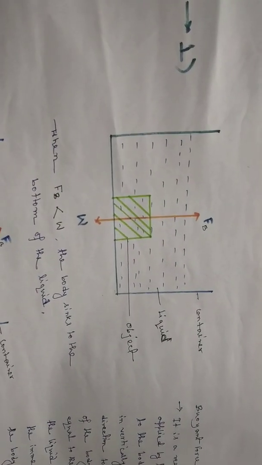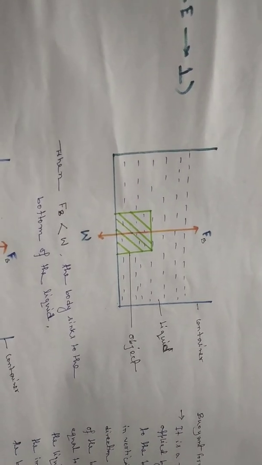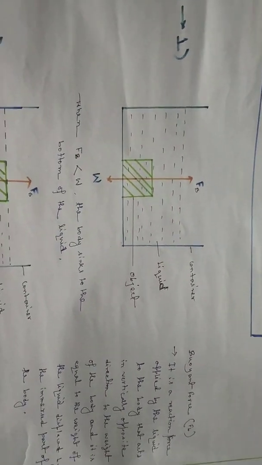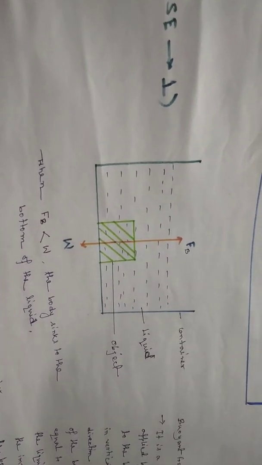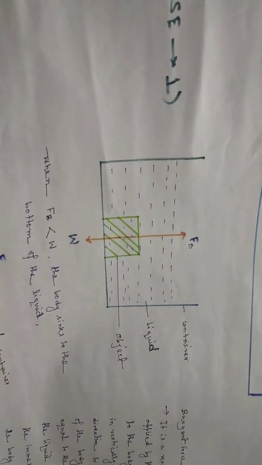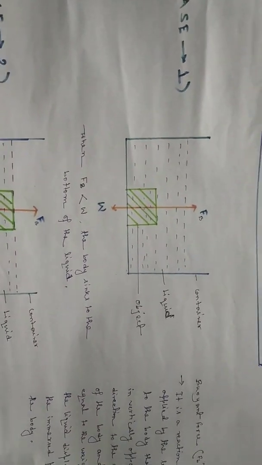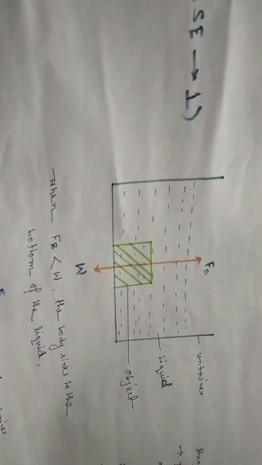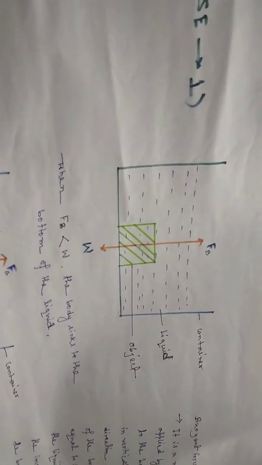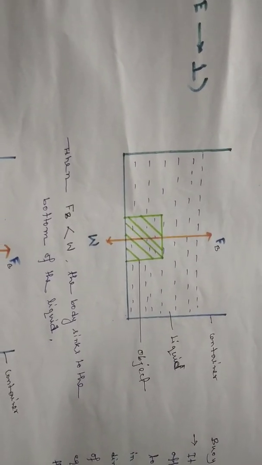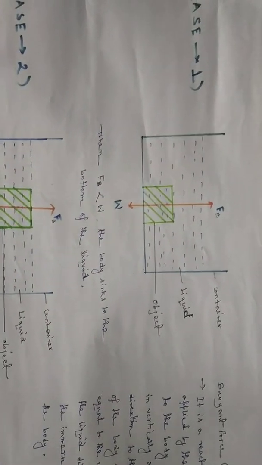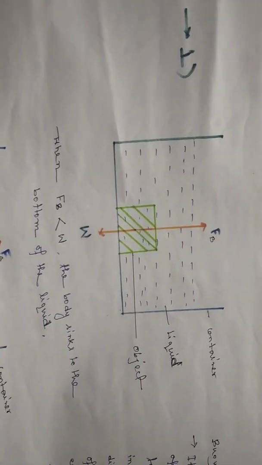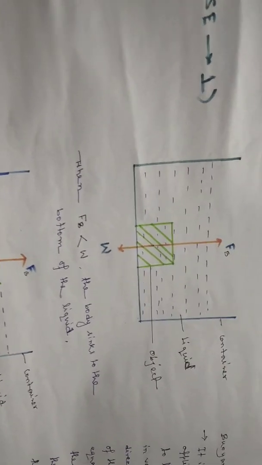So when we immerse an object into a liquid, the weight of the object applies some force on the liquid, and in reply the liquid gives a reaction force to the object. This reaction force is the buoyant force that acts exactly opposite to the weight of the object.